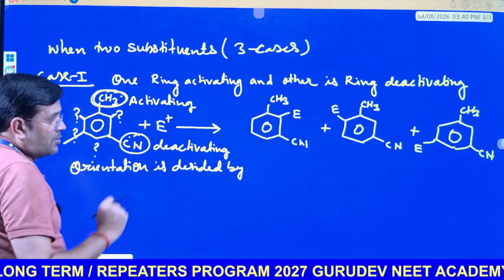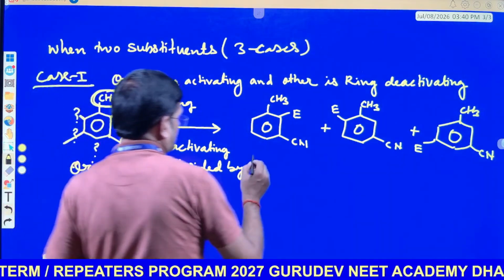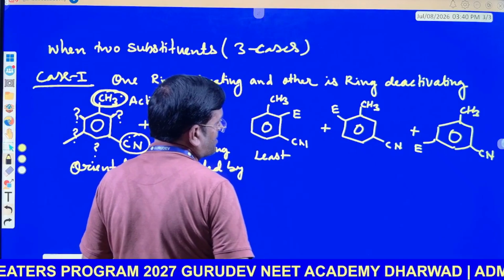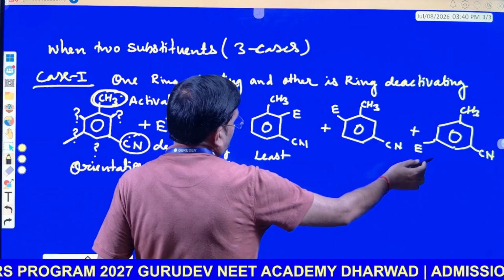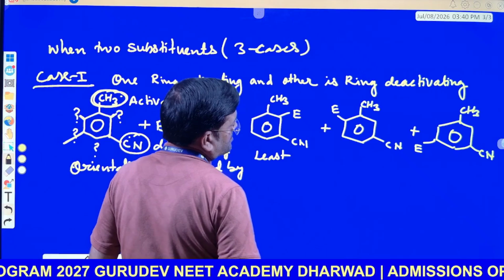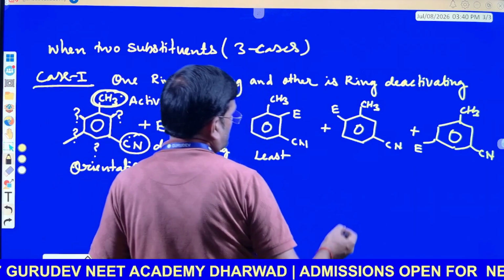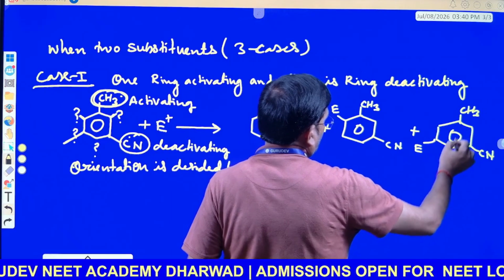Okay. Now this is the least, because of the same reason, that is steric reason, and para is the major. Sorry. With respect to this one, these two are ortho, this one is para.